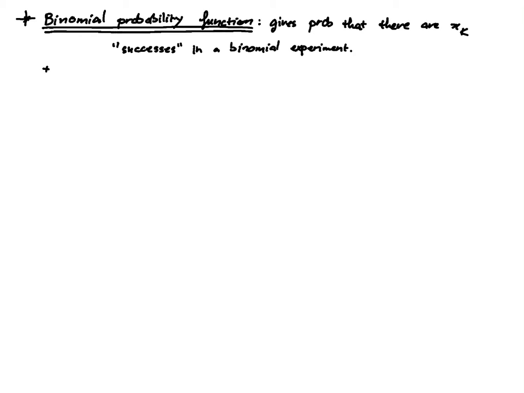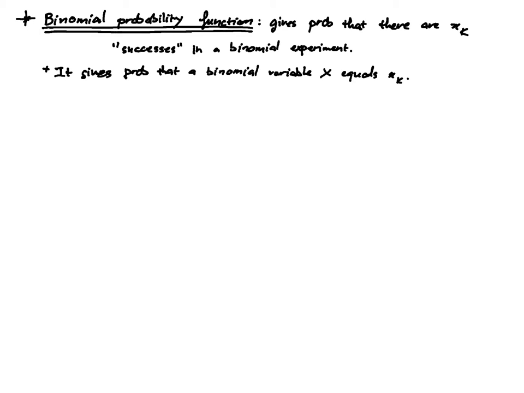In other words, it gives the probability that a binomial variable x takes on the value x sub k, or equals x sub k.